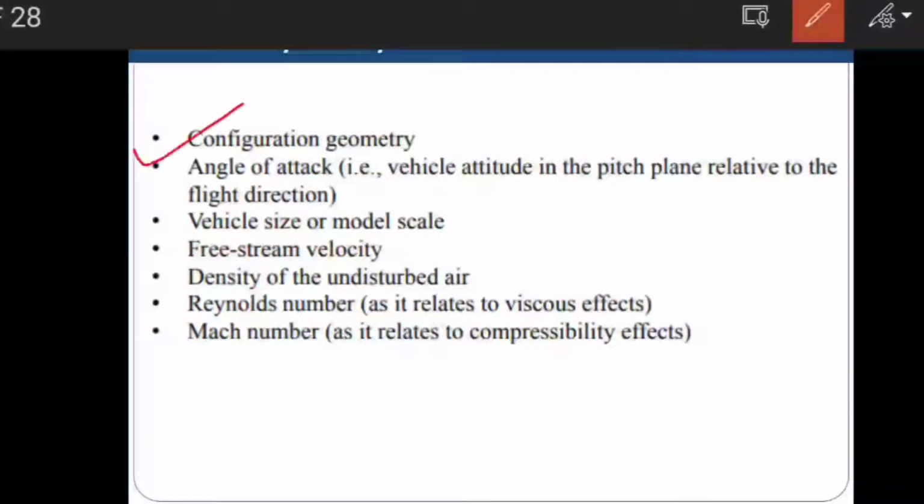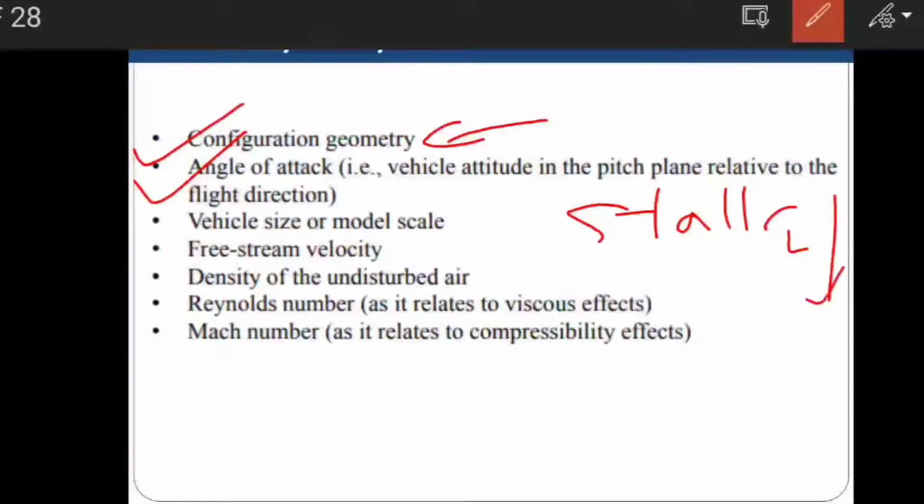The first one is configuration geometry. The geometry of the aircraft depends on how it is. Then angle of attack also affects the aerodynamic properties. If the angle of attack is very high, a stall condition is going to arise, and at the stall condition, the lift coefficient decreases suddenly and drag increases suddenly. Understand?